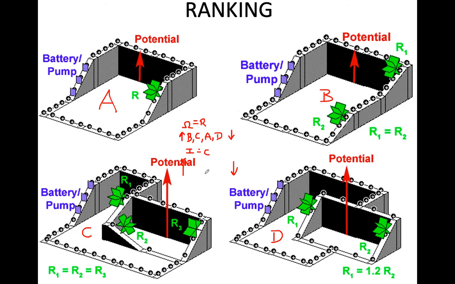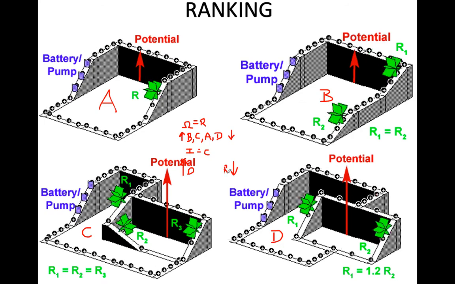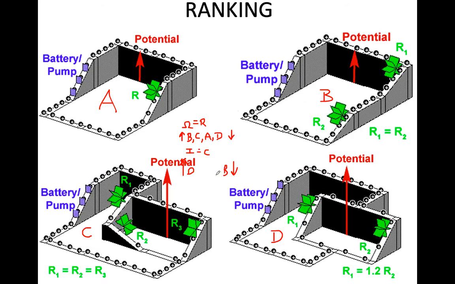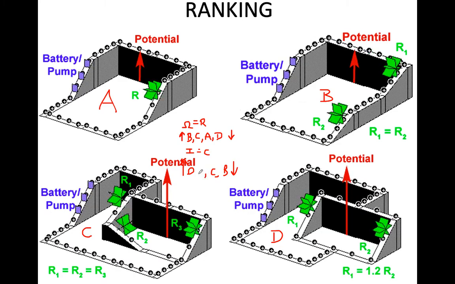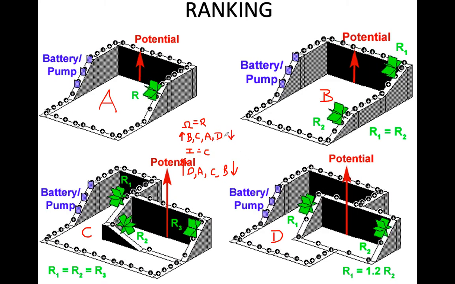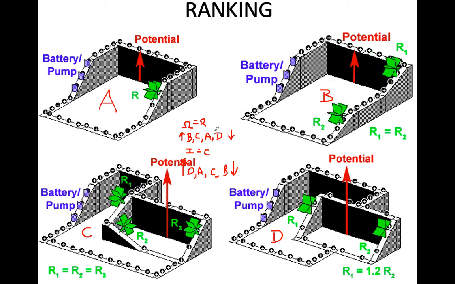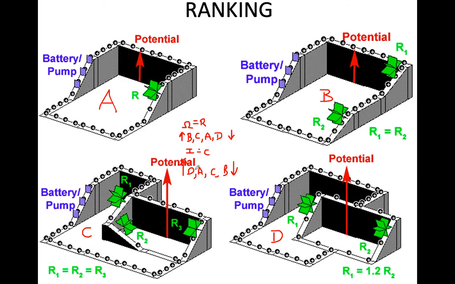All right, we're back, and the answer is D has the highest and B has the lowest. And then C would be the second lowest and A would be the second highest. And if you actually think about it for a second, if you have the lowest resistance, then you're going to have the highest current flow through it.